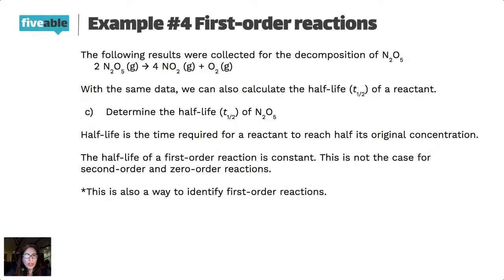For first order, the half-life is constant, right? Like radioactivity half-life, it's always constant. This is not the case for second order or zero order. This is also a way to identify first order reactions. Sometimes that's information that they give you in the problem, that the half-life is constant, and that's a hint for you to know that it's a first order reaction.